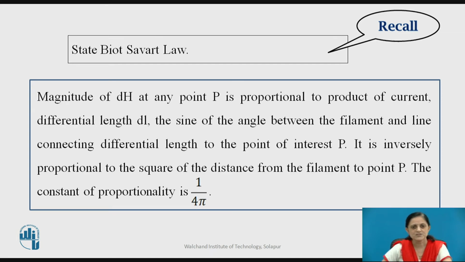Biot-Savart law states that the magnitude of dH, that is the differential magnetic field intensity, at any point P is proportional to the product of the differential current length, that is dl, and the sine of the angle between the filament and the line connecting the differential length to the point of interest P. This is directly proportional, whereas the magnitude of dH is inversely proportional to the square of the distance from the filament to the point P. And the constant of proportionality is given by 1 upon 4 pi.